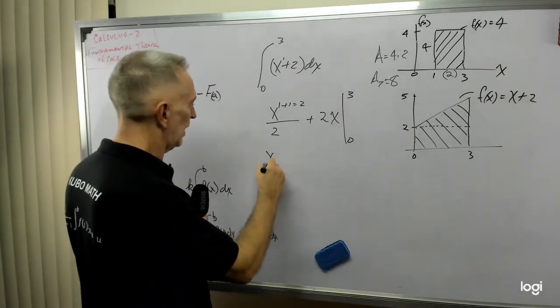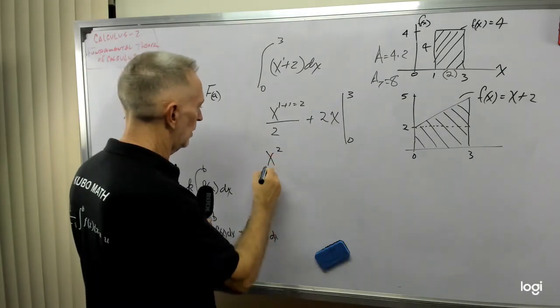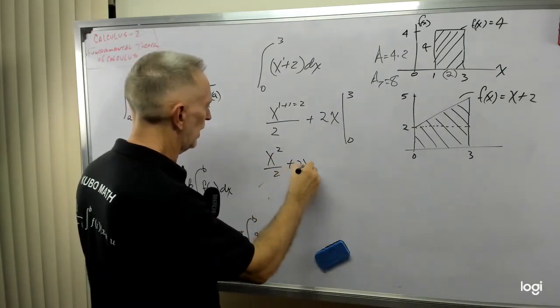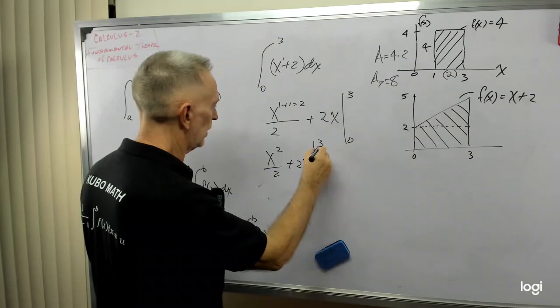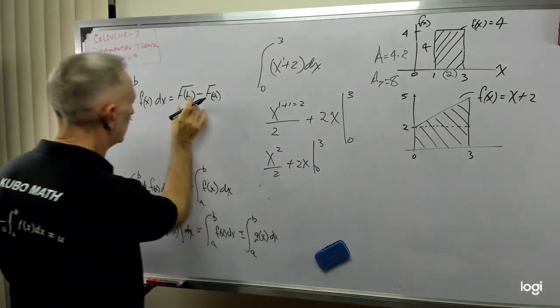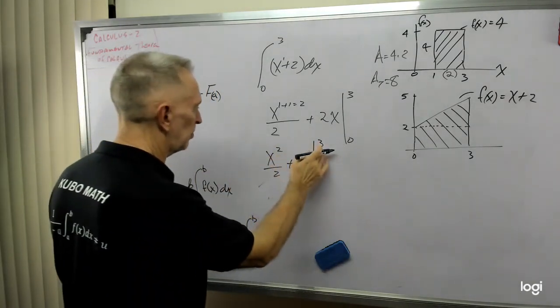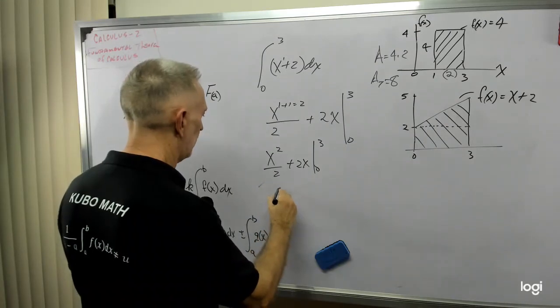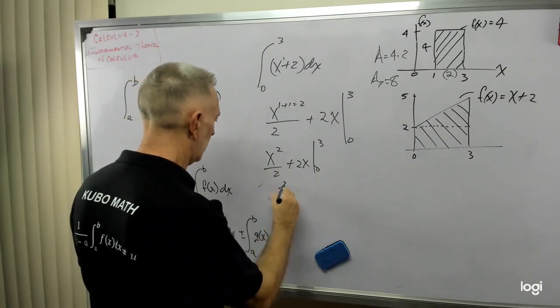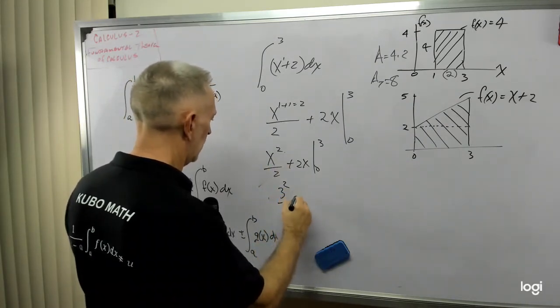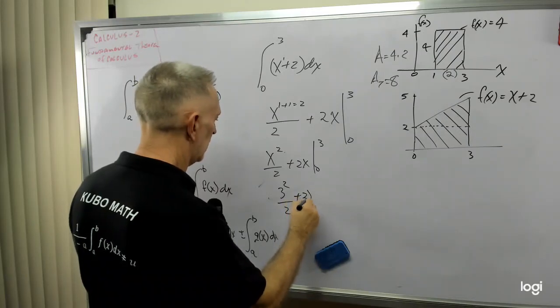So we have x squared over 2 plus 2x from 0 to 3. So let's work with this side of it. Let's plug 3 in. So I have 3 squared over 2 plus 2 times 3.